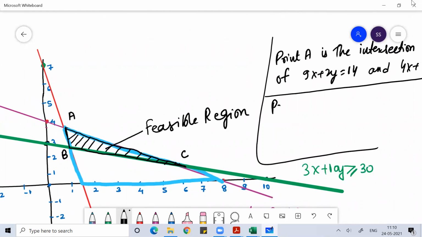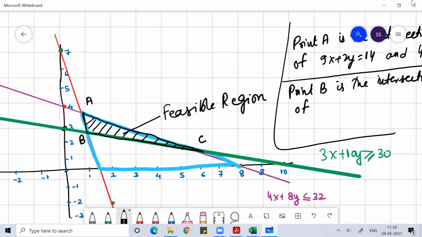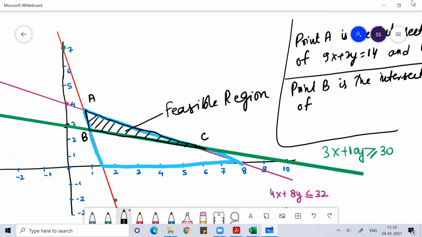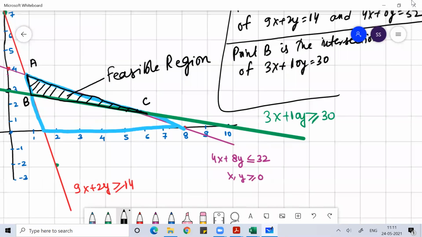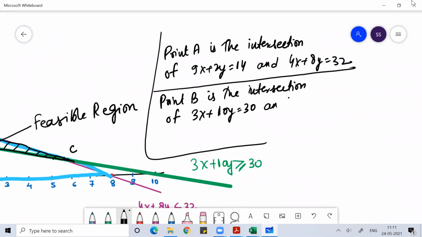Then point B. Point B is the intersection of which two lines? This orange line and green line. So it is the intersection of 3x plus 10y equal to 30 and 9x plus 2y equal to 14. Can you understand this?